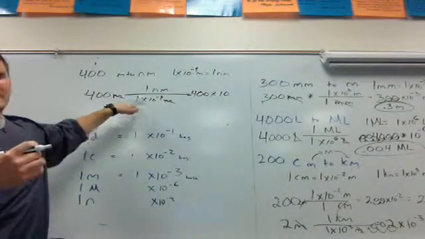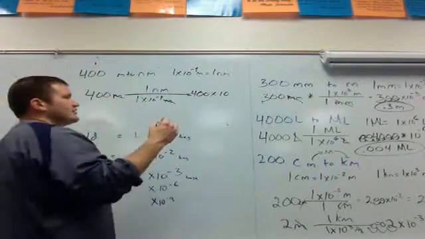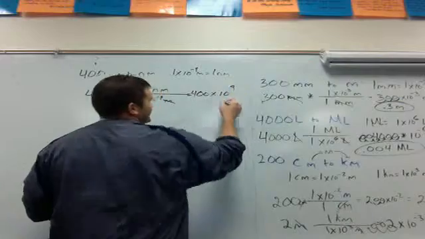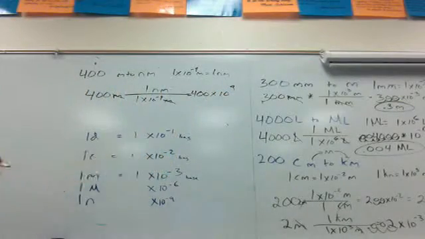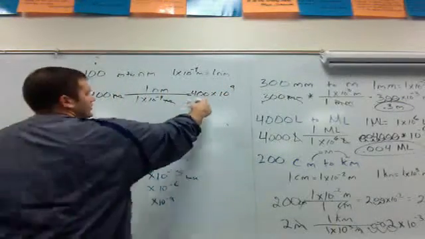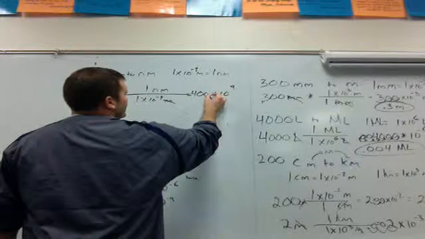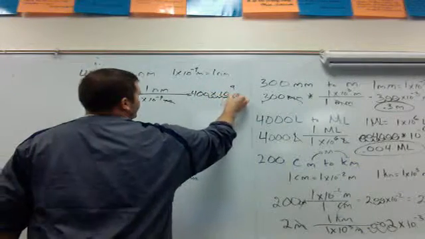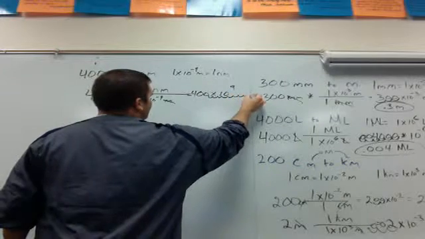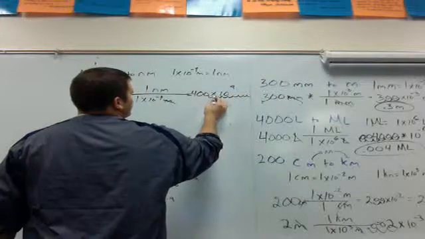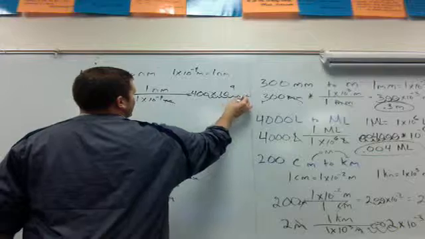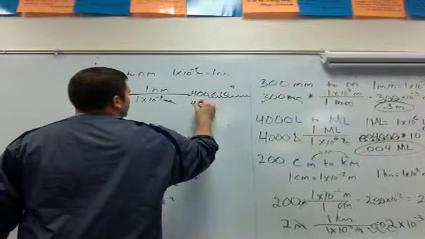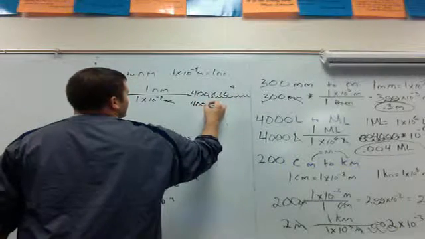If I minus a negative, that makes it positive. So now that 9 is going to make my number bigger, which means I move my decimal spot 9 places to the right. So 1, 2, 3, 4, 5, 6, 7, 8, 9. So I need 9 more zeros. So it's now followed by 11 zeros.